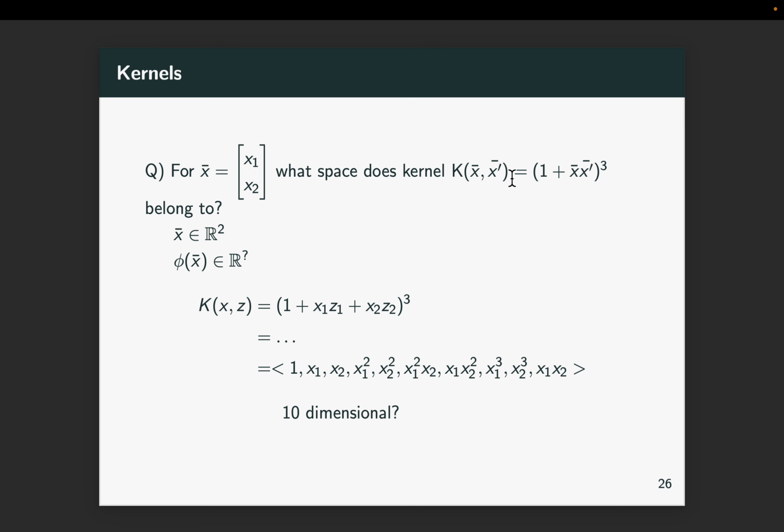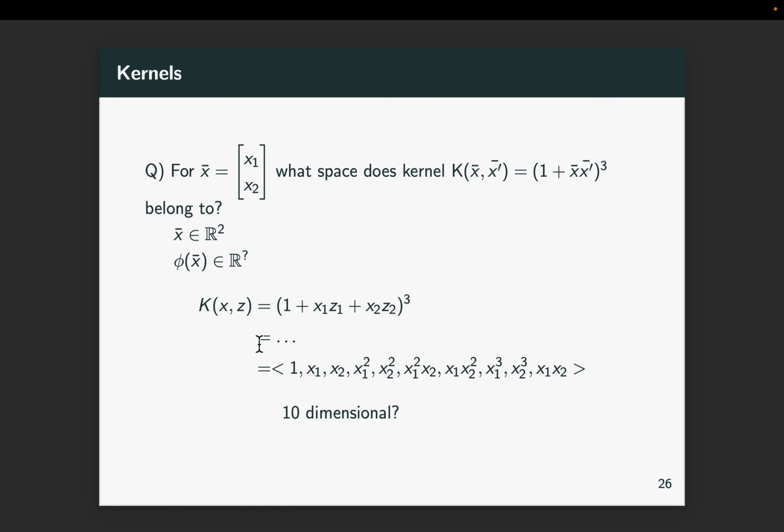That is my question. Again, given a kernel, you would expand it out, and once you expand it out, you don't need to do the full expansion. You just need to know that there will be symmetric terms, and you can write it as a product of two vectors. You can carefully notice that when you're writing the cube of this kind of expression, you would have terms of degree 0, degree 1, degree 2, degree 3.